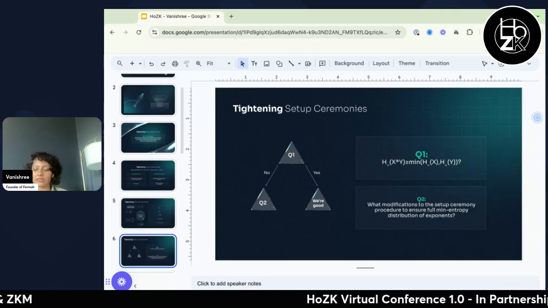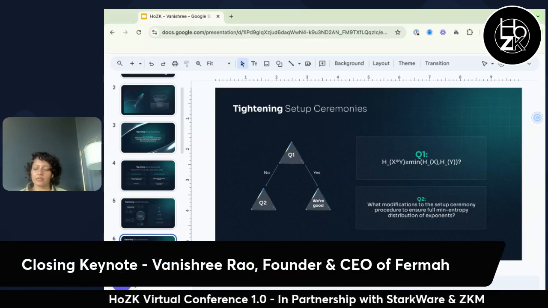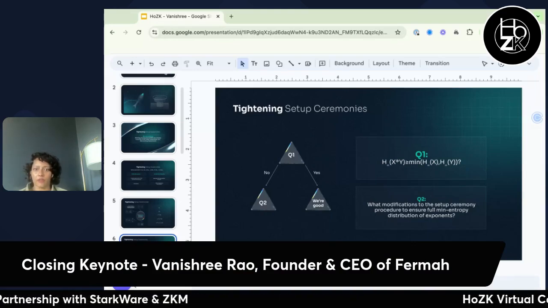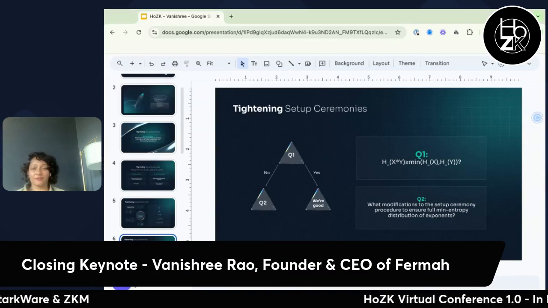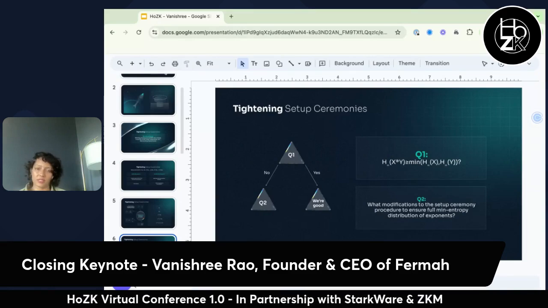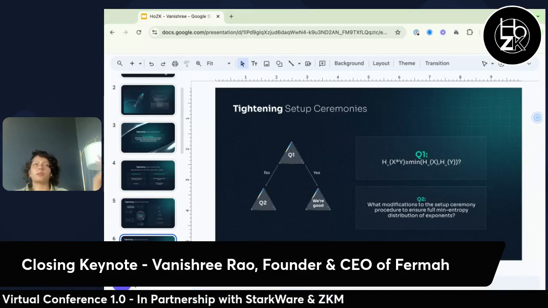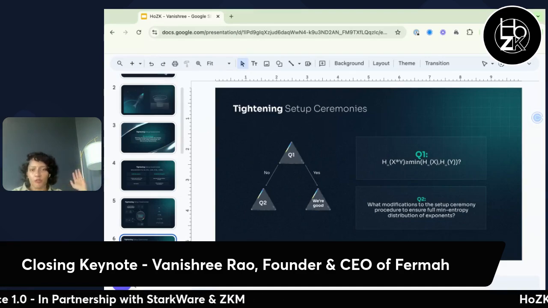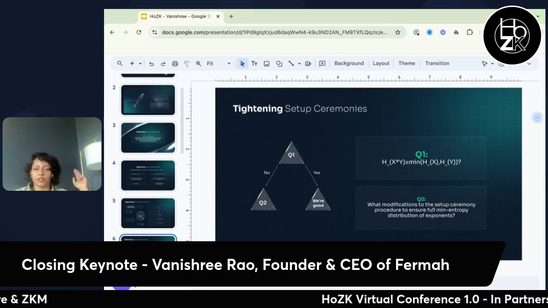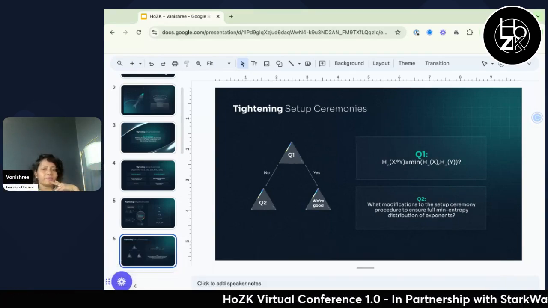But the answer is we don't know, because it can happen, but it really depends on the exact distributions of the input random variables, and you cannot impose distributions on random variables the way we are doing our trusted setup ceremonies these days, because people have various kinds of sources of randomness, and we don't know what kind of distributions we'll end up having.